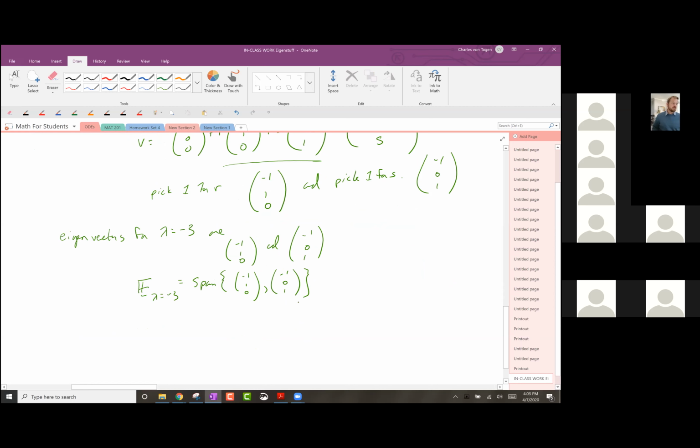So in this case, the eigenspace is not a line passing through the origin, but this particular plane passing through the origin in 3 space.